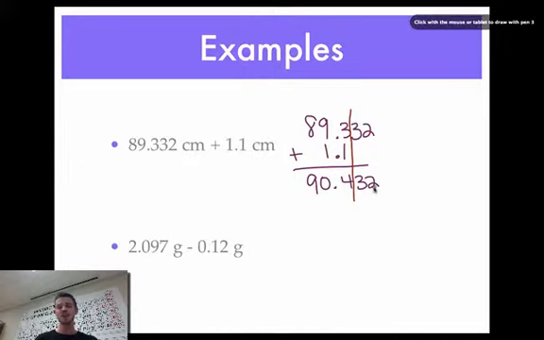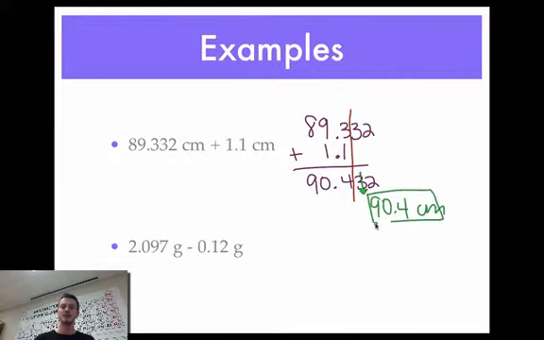But first, I'm going to look at this 3. The 3 does not round up because it is not 5 or greater. So my answer is going to end up being 90.4 centimeters. That's my answer to that first example problem.